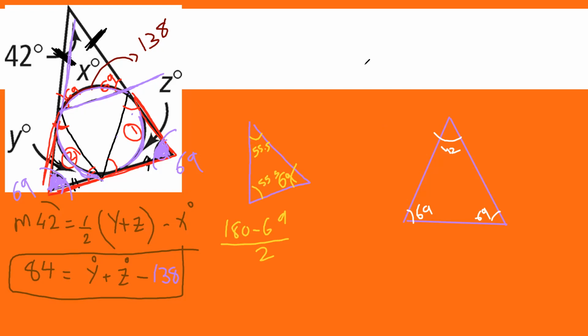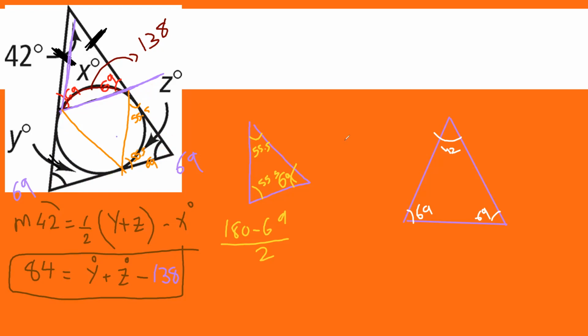I mean these two here. If this is 69, this will be 55.5, and this is 55.5.